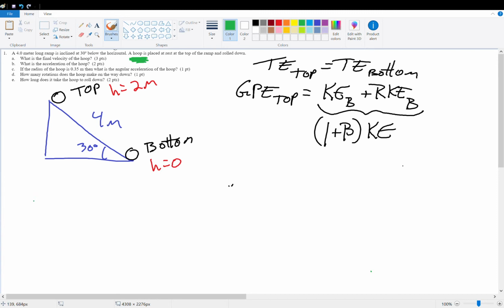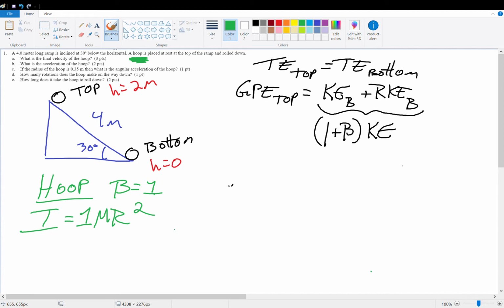If you look at the back of your equation sheet, there's that list of all the rotational inertias. I for a hoop is mr squared. Notice there's no fraction in front of it. Usually the beta is the fraction in front. When there's no fraction in front, that's just 1. So beta for a hoop is 1.